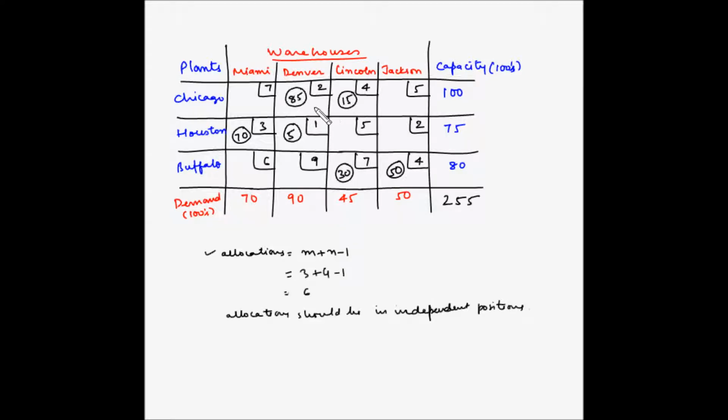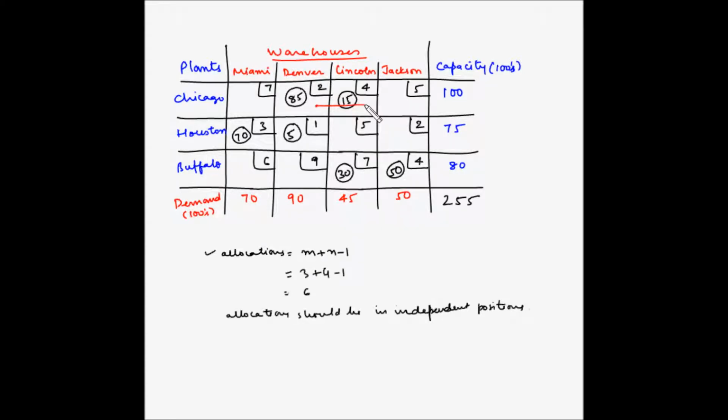So let's try doing that for this square, which is Chicago to Denver. So let's start from this and then let's try to come back to this square, forming a closed loop using horizontal and vertical jumps from one occupied cell to another. So let's start from here. Let's go here.